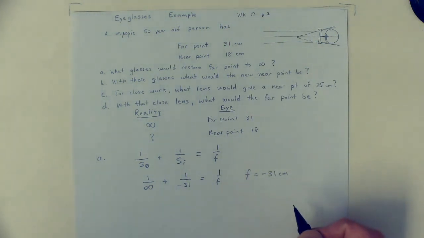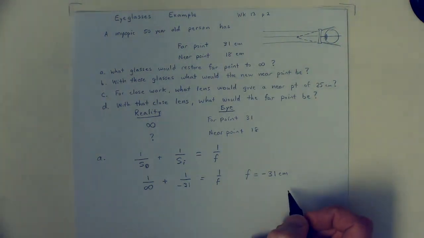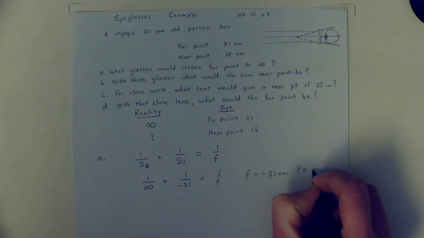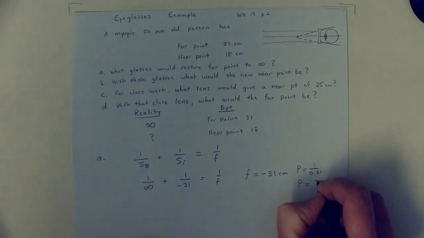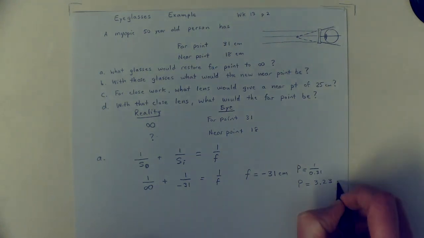So this is a lens that has a negative focal length. It's a diverging lens with a focal length of minus 31 centimeters. We can work out the power for that. The power would be 1 over 0.31, and that works out to be 3.23 diopters.